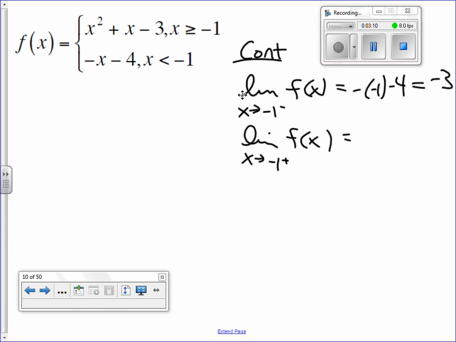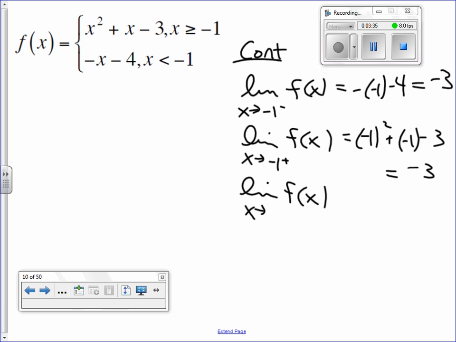All right, what about the limit of f of x as x approaches -1 from the right? Top one. All right, let's plug -1 in there. See what we get. -1 squared plus -1 minus 3. What does that equal? -3. So does the limit of f of x as x approaches -1 exist? Sure does. It does exist. It's -3. The left and right hand limits were the same.